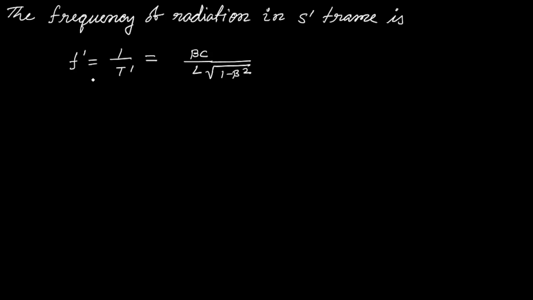Now if this radiation is observed by an observer from S frame, then according to the Doppler effect, that person will observe a different frequency than this frequency, depending upon the position of the observer and the motion of the source.